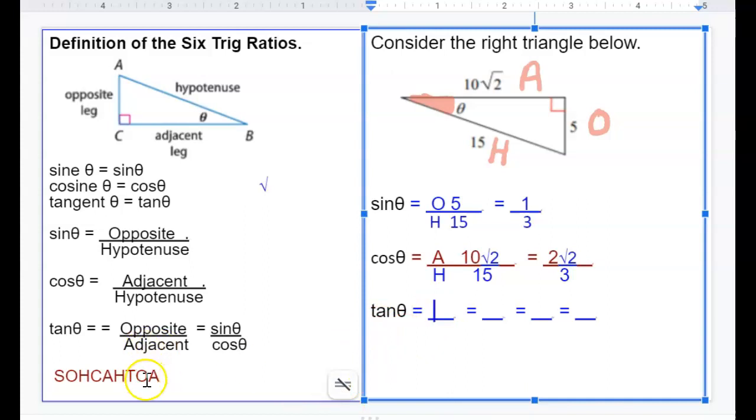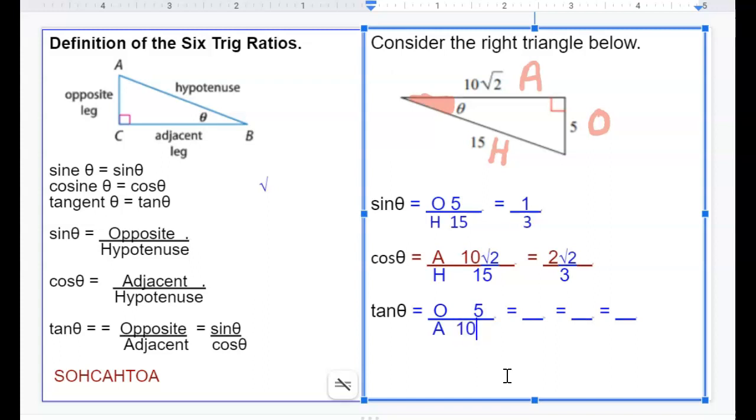Now let's look at tan theta. Again, if you look at SOHCAHTOA, tangent is what? Opposite over adjacent. So the opposite is 5, so we have 5 over, the adjacent is 10 root 2.